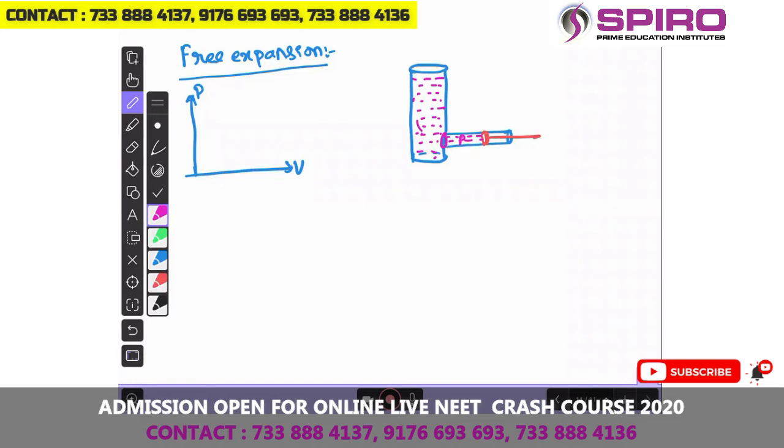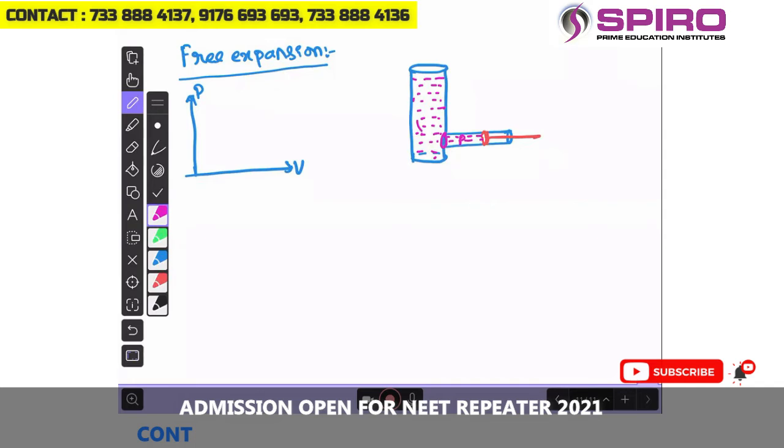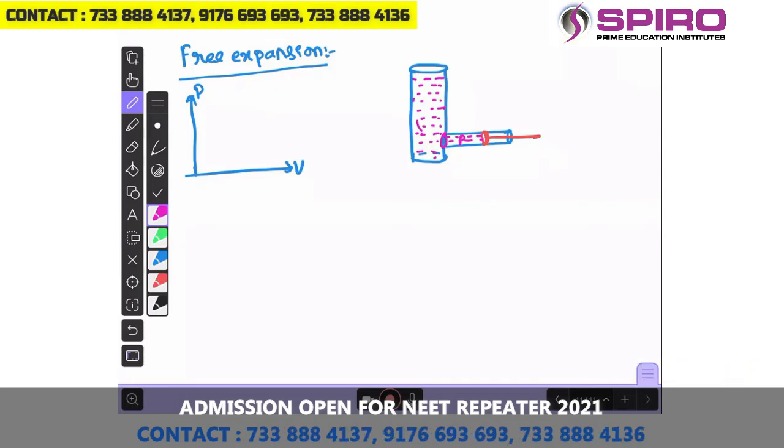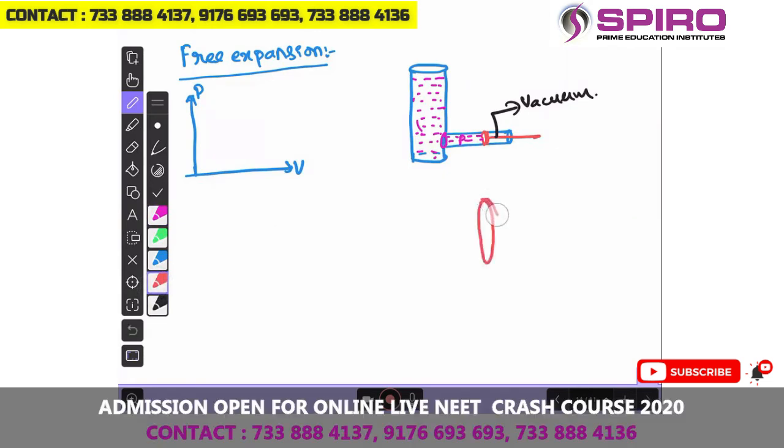Inside the piston there is a gas of pressure P, and outside the piston there is simply a vacuum. This is a vacuum point. I am drawing the piston position here, something like this. This is the piston. It is in the shape of a disc, right?